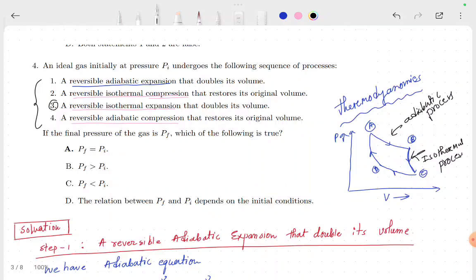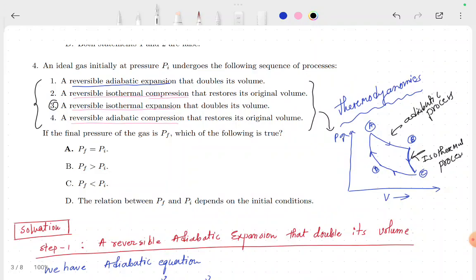They flipped this process. So please keep in mind: the first two processes follow the Carnot engine, but the last two do not.